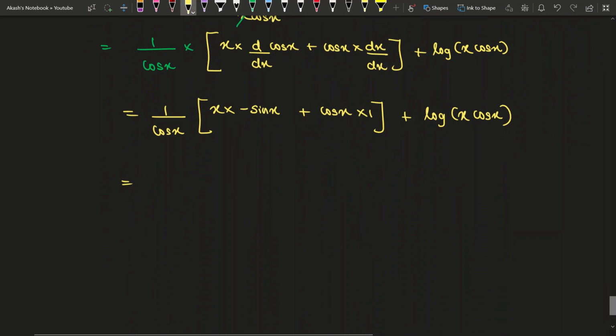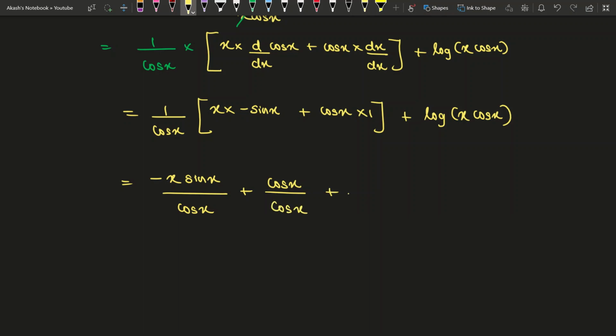So you will be getting minus x sin x divided by cos x plus cos x divided by cos x plus logarithm of x cos x.